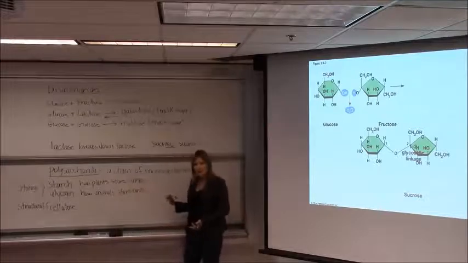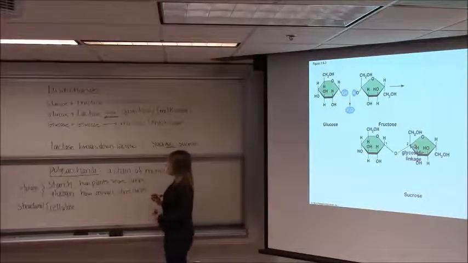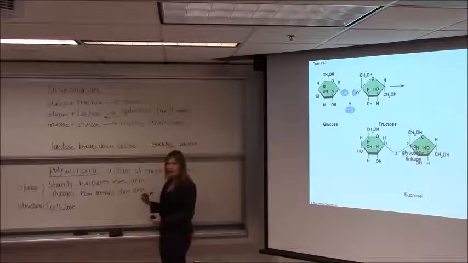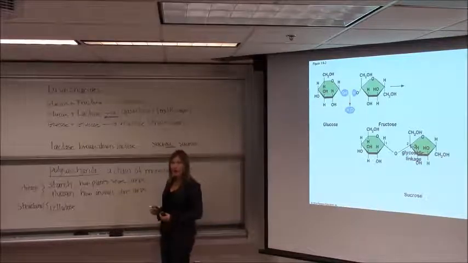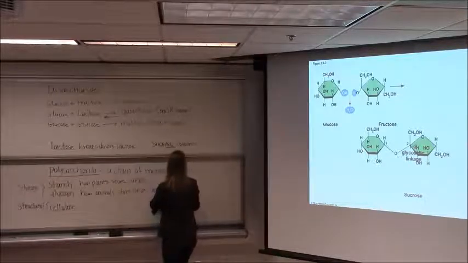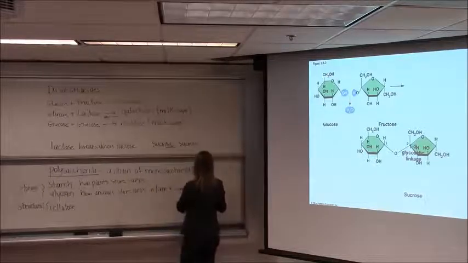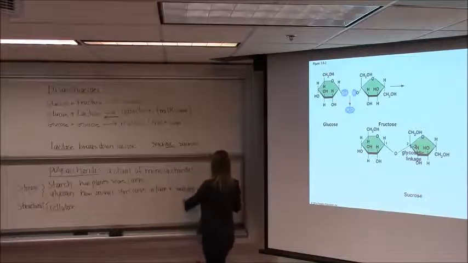Animals store glycogen primarily in the liver and a small amount in the skeletal muscles.